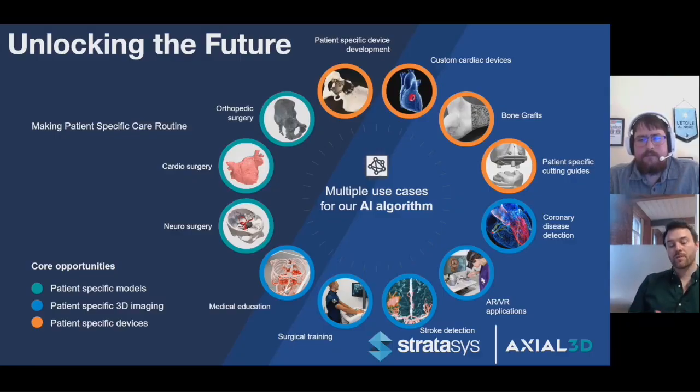And what we've seen in the market is most of the medical device companies on the planet are really starting to see the huge benefits that patient-specific implants or devices can bring to their patients.